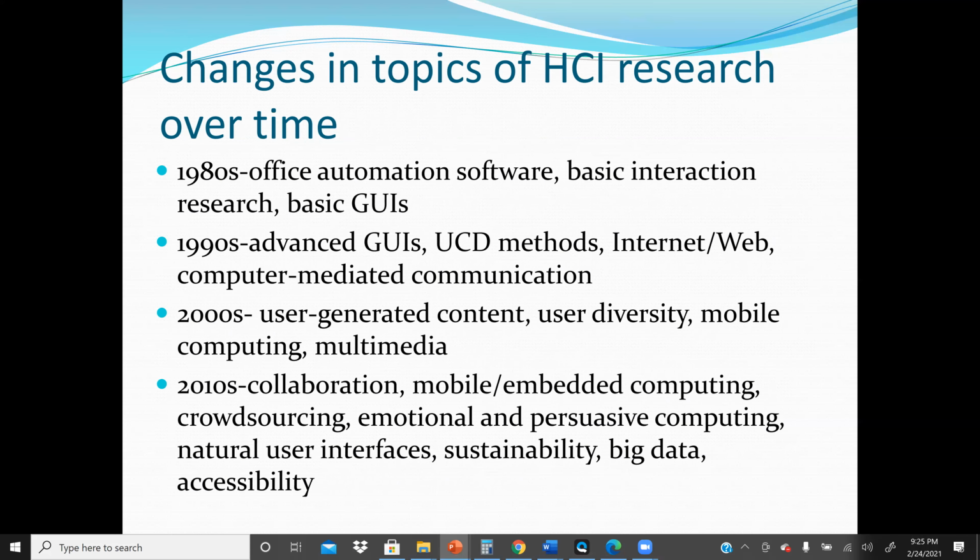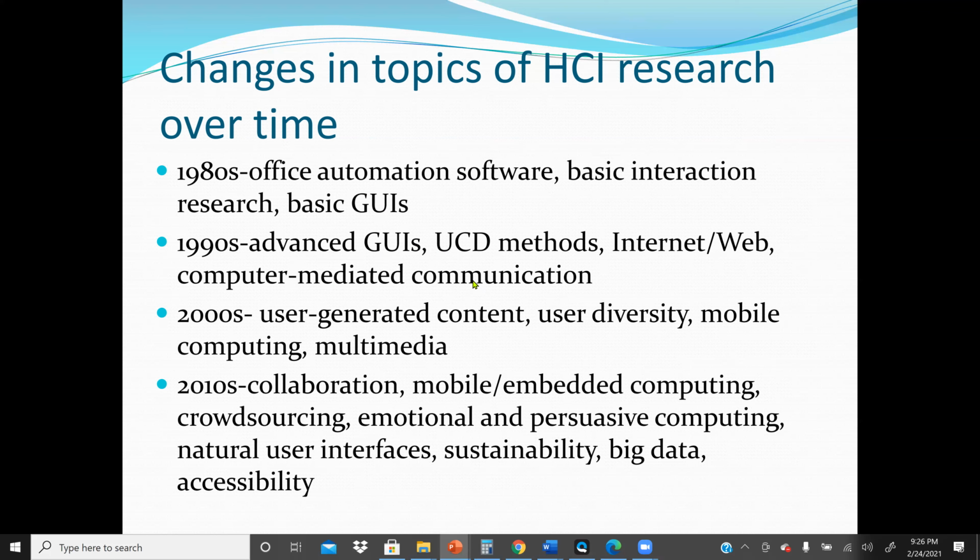So, changes in topics of HCI research over time. Somewhere in the 1980s, we have office automation software, which is the basic interaction research or basic graphical user interfaces. Then by the 1990s, we have advanced graphical user interfaces, also user-centered design methods, internet, web, computer-mediated communication.